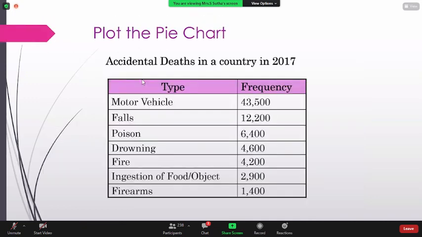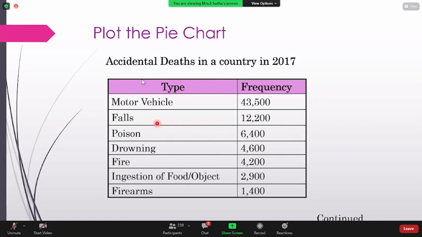Then let us look at how we can plot the pie chart. Here we are taking accidental deaths in the country. Now look at this frequency distribution.